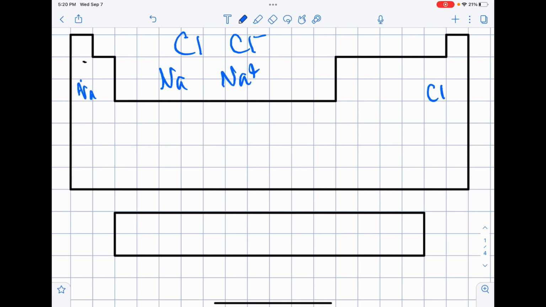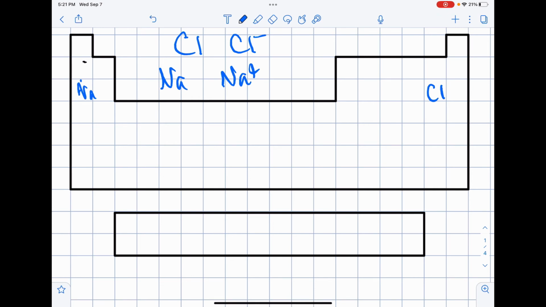So we're going from neutral chlorine to chlorine minus, gaining a negatively charged electron, and what's going to happen is we didn't change the number of energy levels, right? But we did change the number of electrons, and we got one more electron. So the ionic radius of chlorine minus is going to be about the same as the radius of chlorine, but a tiny bit bigger because we have one more electron and nothing happened to our protons.